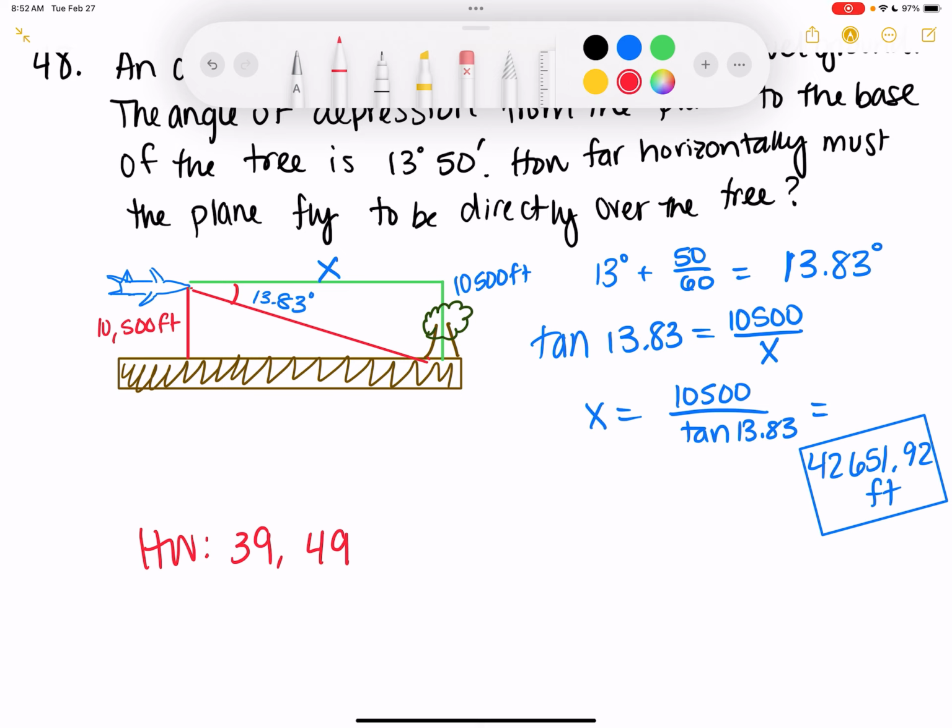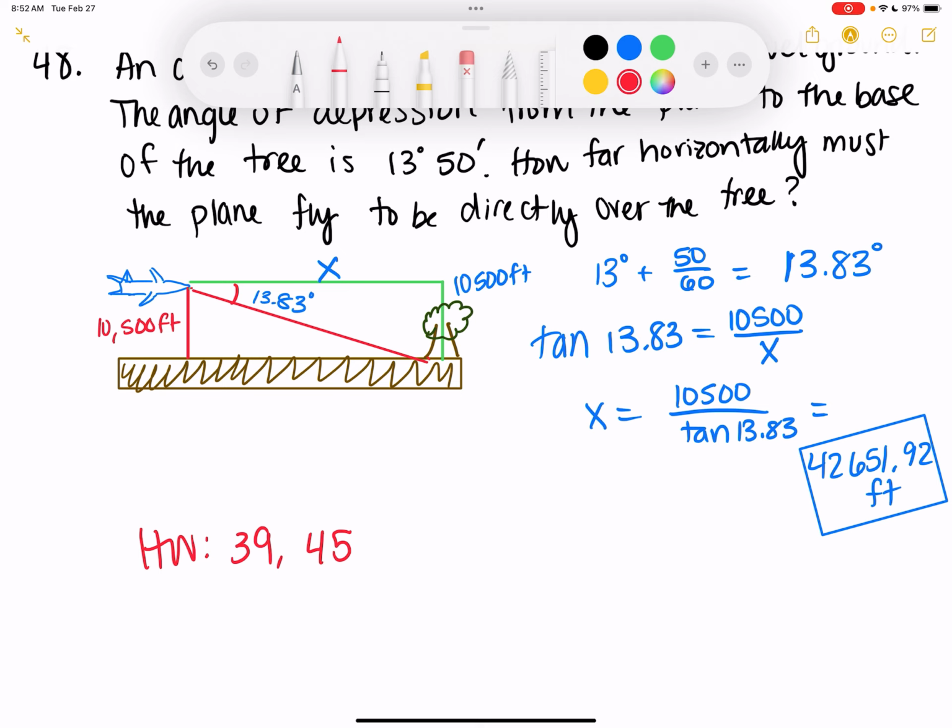Just kidding. Do 45 instead of 49. 45 does not give you a picture, but it's pretty self-explanatory of how to set that one up. It's like a tower and how tall it is. Do those, and then tomorrow we can go over those to make sure that you've got them correct.